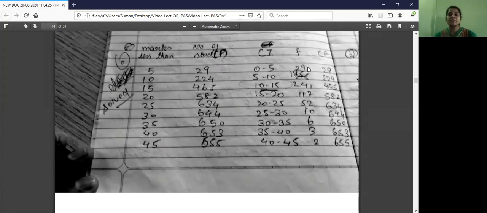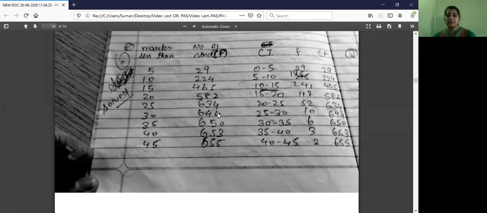And what is our frequency? The first value we write as it is, 29. Second value is 224 minus 29. Third value is 465 minus 224. Fourth value is 582 minus 465. Next value is 634 minus 582.